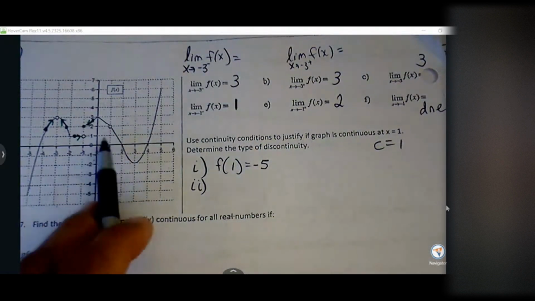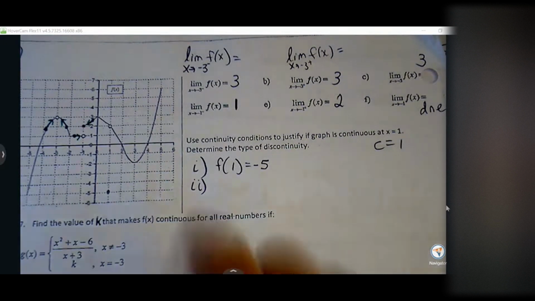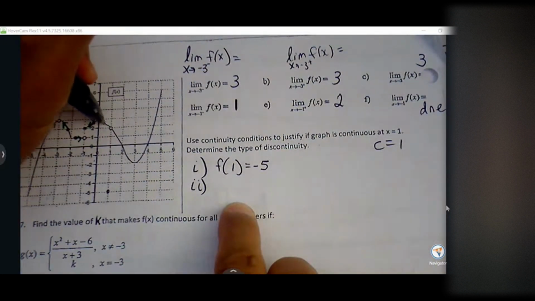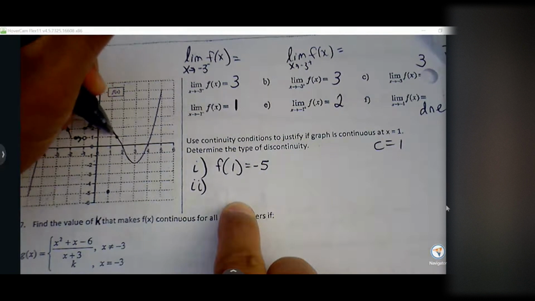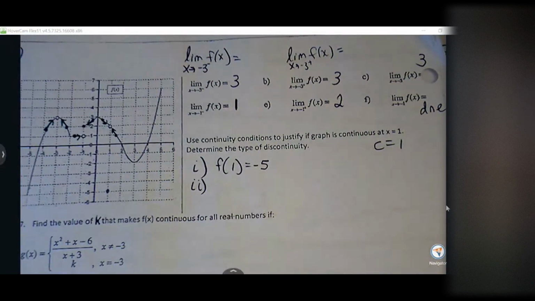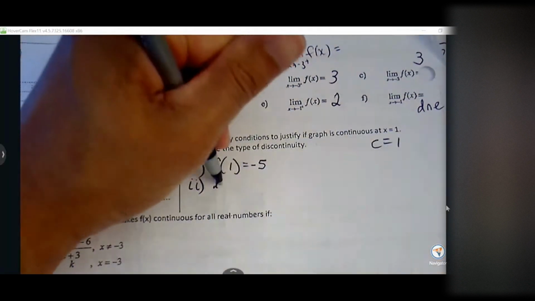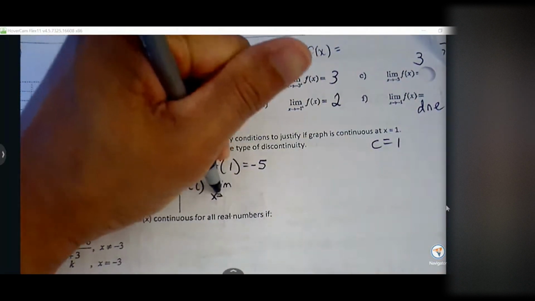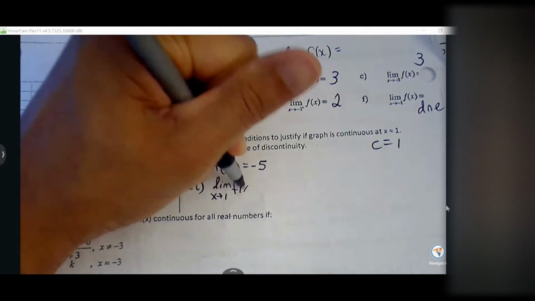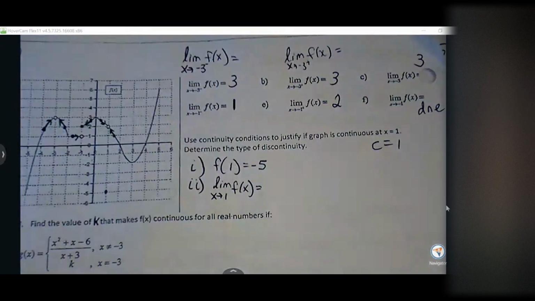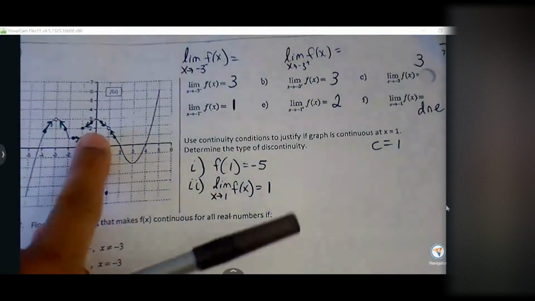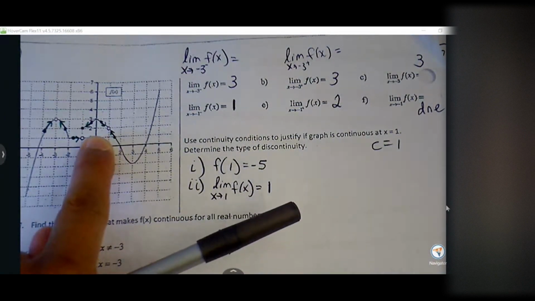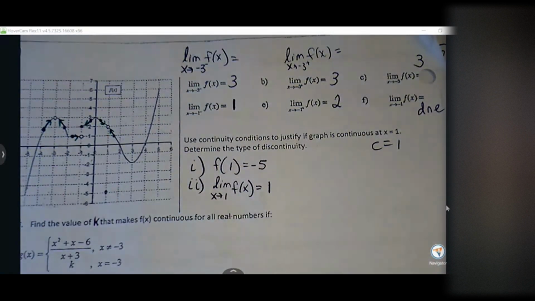Does the limit exist? If I pick points on either side of 1, the arrows are headed towards the same y value, so I can say that the limit does exist. The limit as x approaches 1 from both sides is headed towards the same y value of 1. So the first condition passes, the second condition passes.